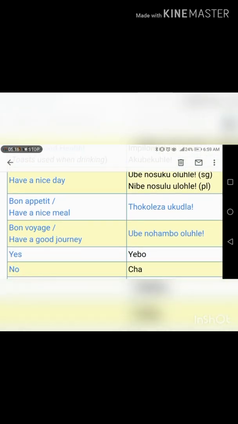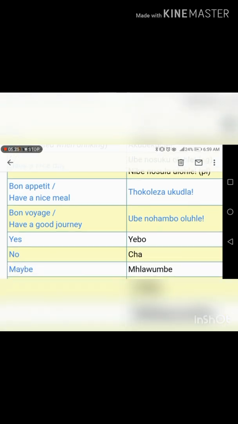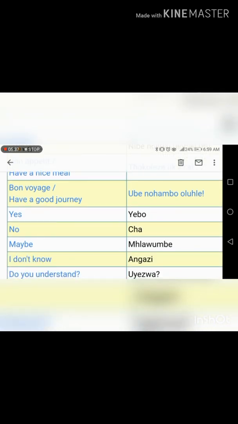When you're going to eat, have a nice meal: thokozela ukudla. When people are leaving, have a good journey: ube nohambo oluhle. When you say yes in Zulu, you say yebo, and when you say no, you say cha.